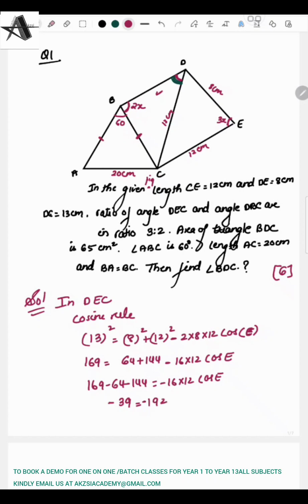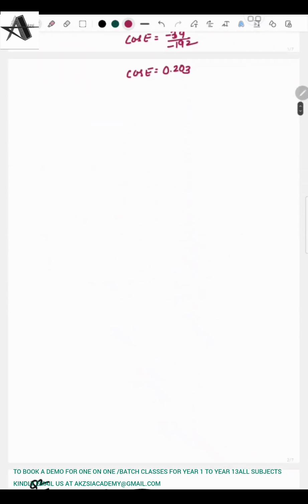This is negative 192 cos E. So cos E is equal to negative 39 over negative 192, which gives cos E equal to 0.203. Now I need to take the inverse so that I can calculate the angle. So angle E is cos inverse of 0.203.